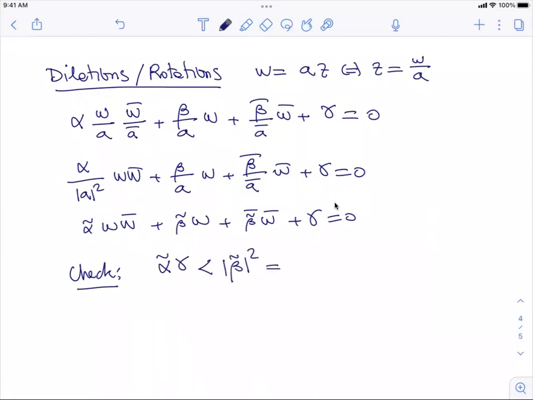But look, this is the modulus of beta squared divided by the modulus of A squared, by definition. And this is equal to alpha over the modulus of A squared, times gamma. So everything looks good, because we have alpha gamma less than the modulus of beta squared, which is true.